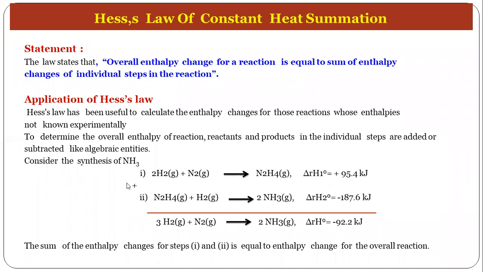This is called Hess law of constant heat summation. The word constant is used because the overall enthalpy is constant. Though the reaction takes place in several steps, the overall enthalpy remains constant.